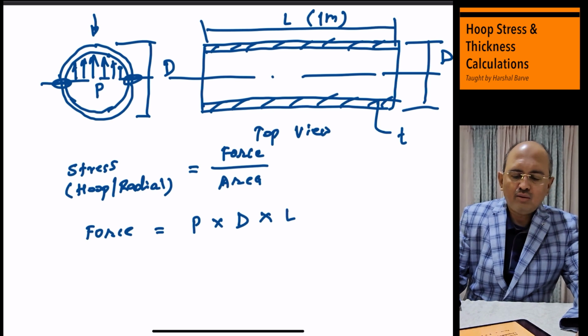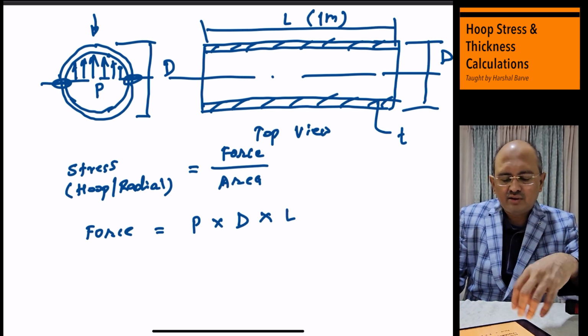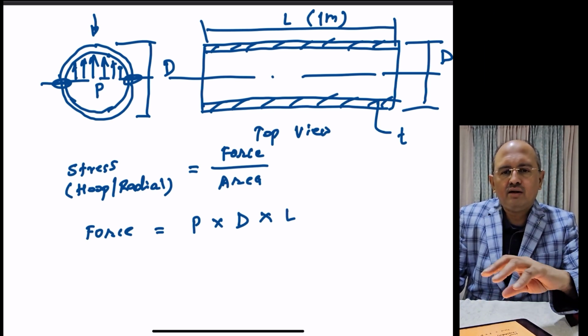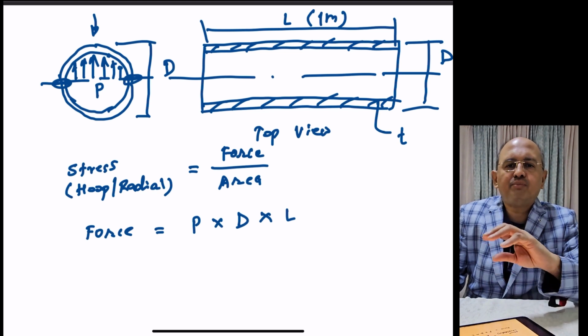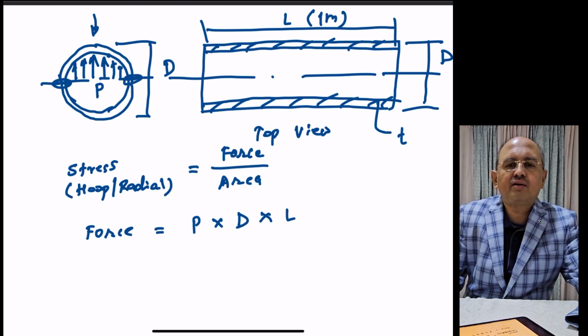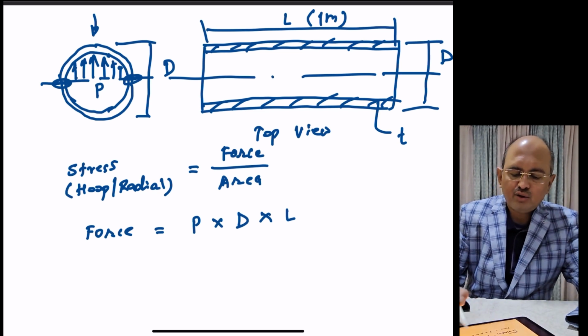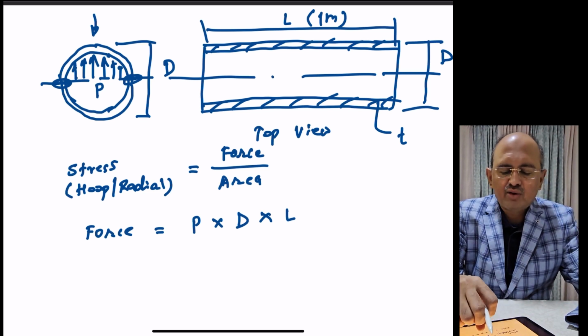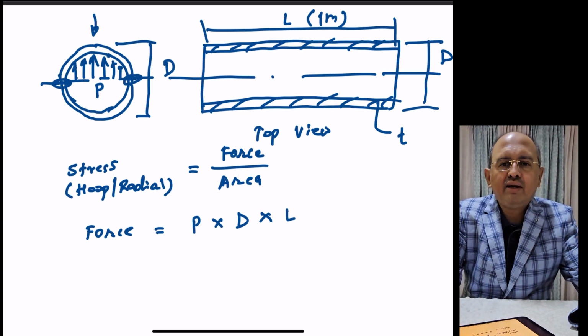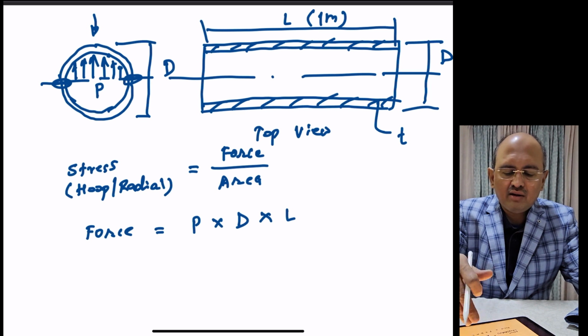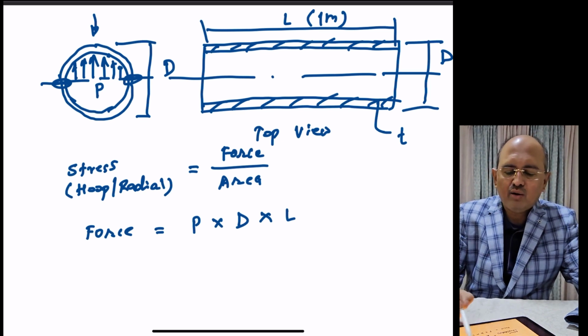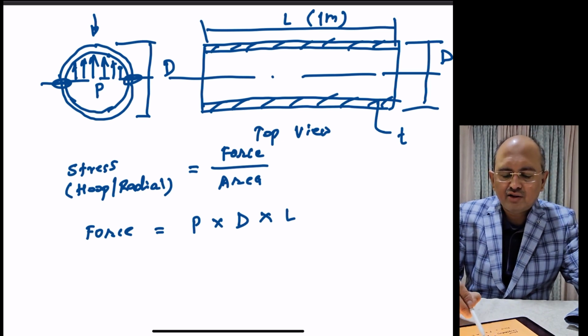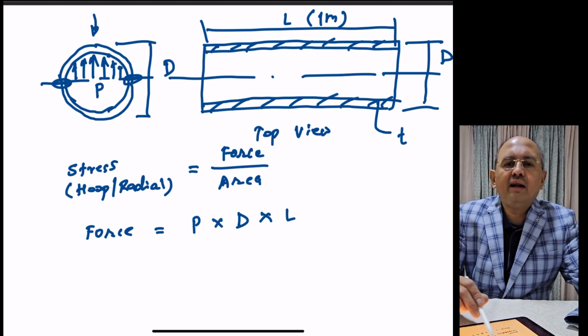Okay, now this force is resisted by the pipe cross section or strength of the pipe metal. But from the failure theory point of view, the resistance is offered by this 2 times thickness, of unit length L or 1 meter.